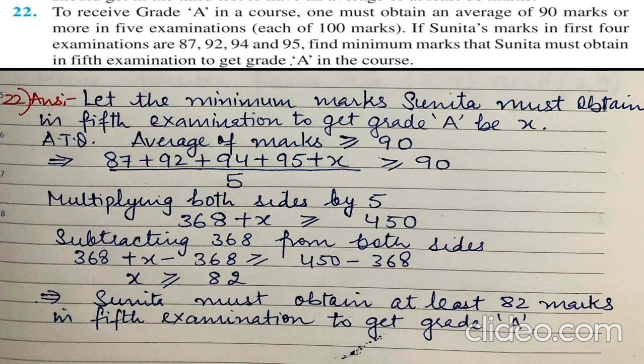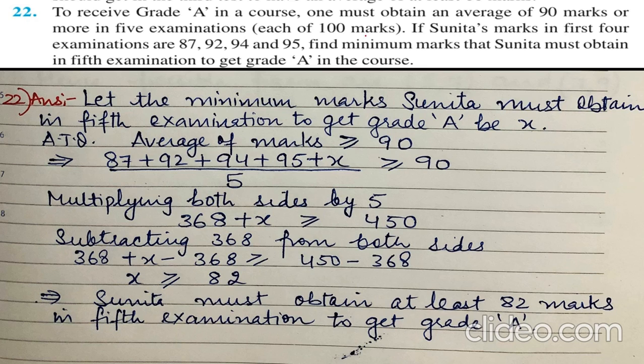Now here what is given, that to receive grade A in course, the average should be minimum 90 marks. One must obtain an average of 90 marks or more. That is it should be at least 90.